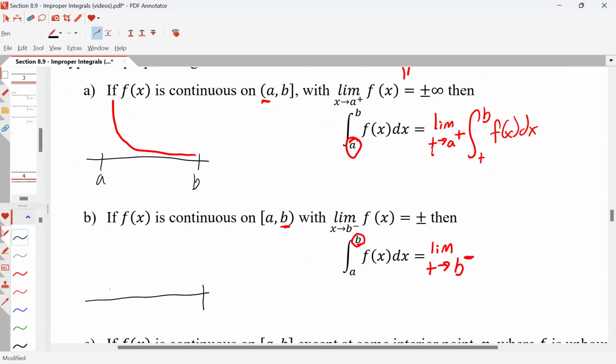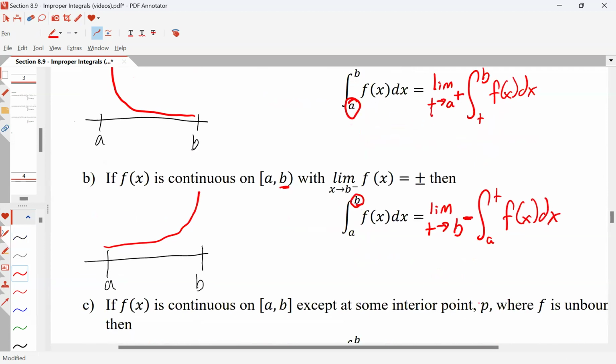Once again, because we're looking at a to b, and our asymptote is as we approach b, we're only worried about the left-hand side of b. We don't care what's happening over on the right of b. So turn it into a limit, and then we have the integral from a to t, f of x dx.